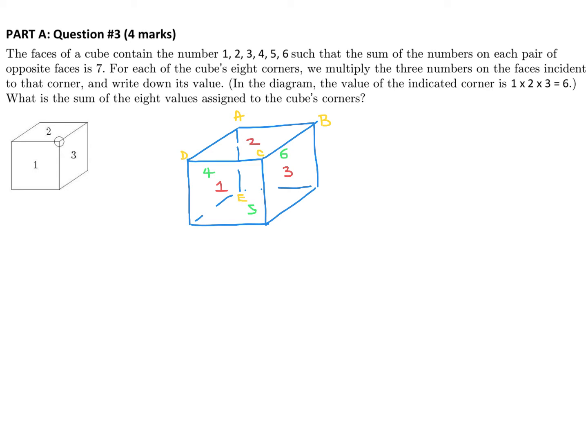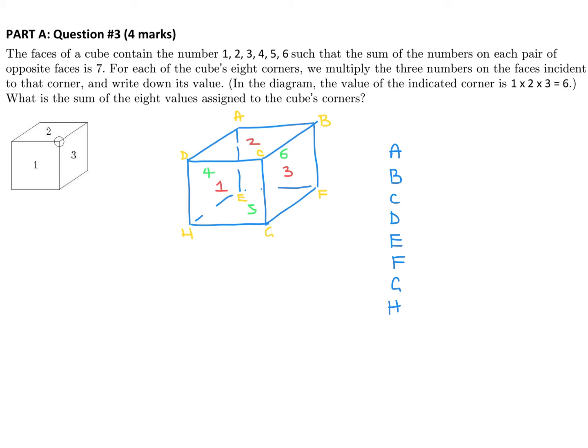Okay, now for each of these, I've got to figure out what their value is. So write down the corners A, B, C, D, E, F, G, H, and then for each, figure out the value. I'll just do A and B, and then you guys can do the rest because it's pretty self-explanatory.